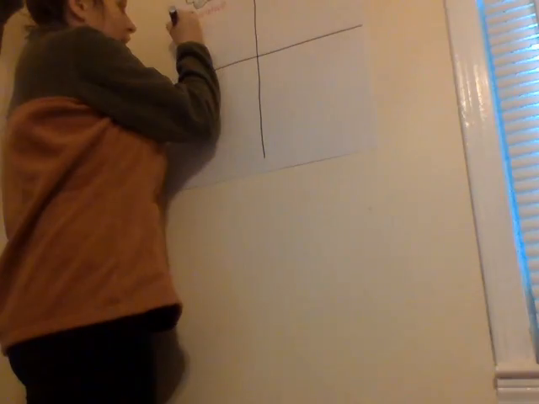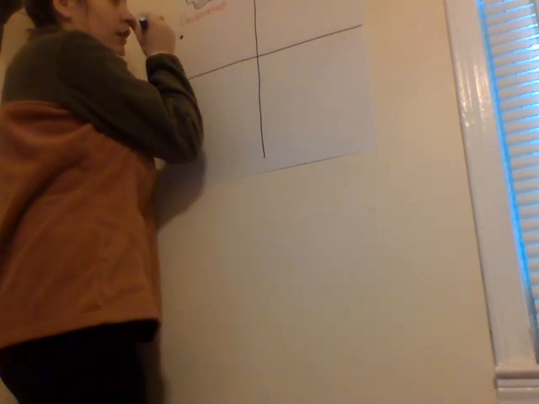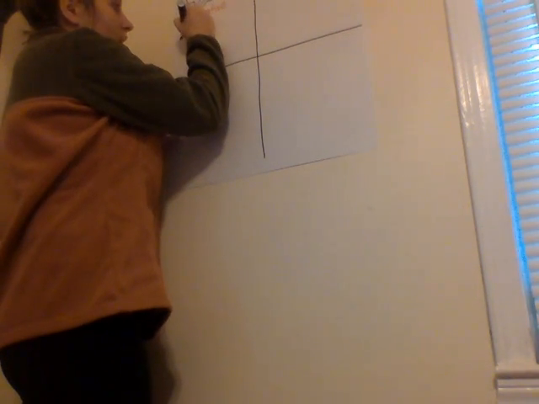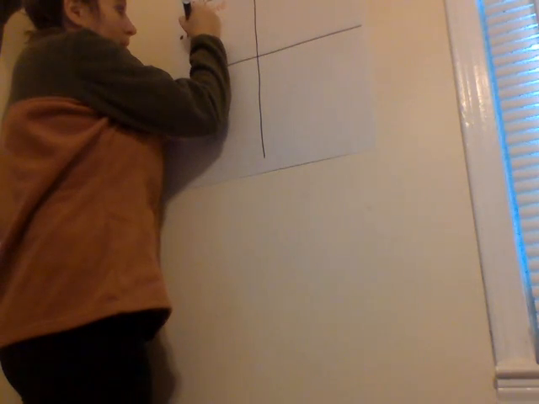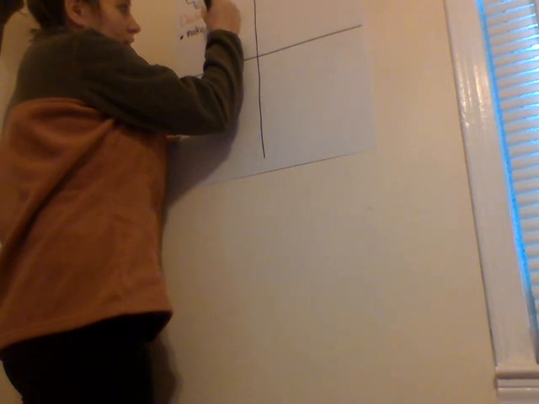So we're going to write on here a declarative sentence, and I'm going to use my bulleted list, my text feature. I'm going to say declarative sentences make a statement.